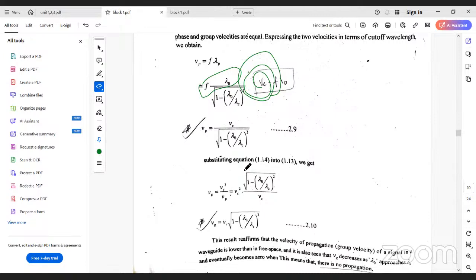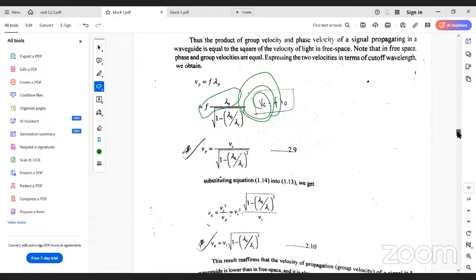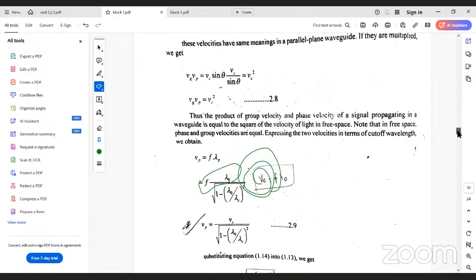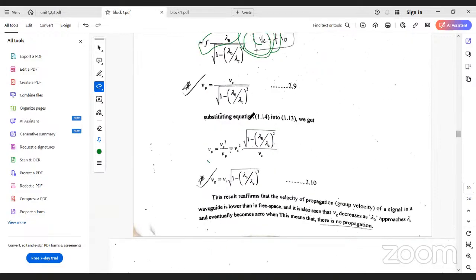There is no 1.14, only 1.4 and 1.3. Yes, ma'am. Or else you can directly remember the formula Vg equal to Vc. No, ma'am, we put it from the 2.8 equation. This step is wrong. We are taking it from 2.8.